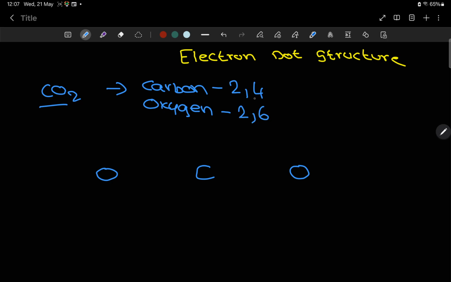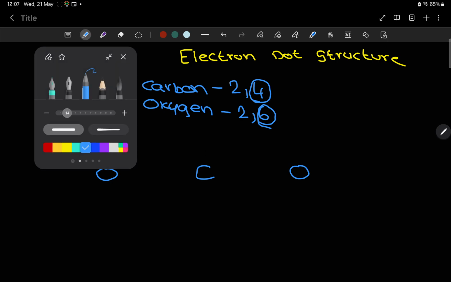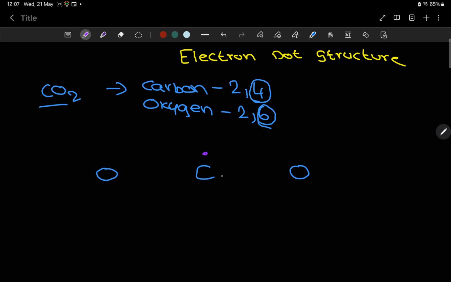So let's take the valence electrons of these two elements. Carbon has 4 valence electrons.